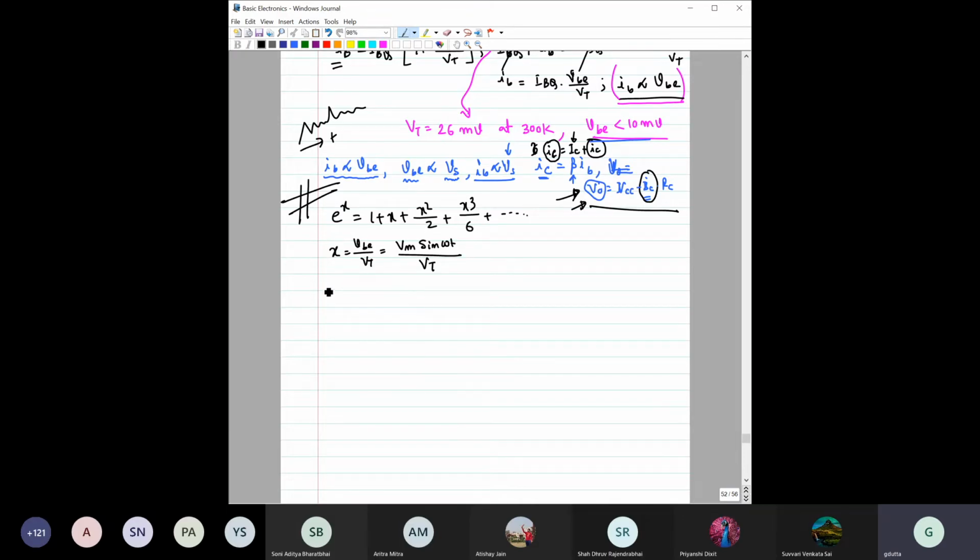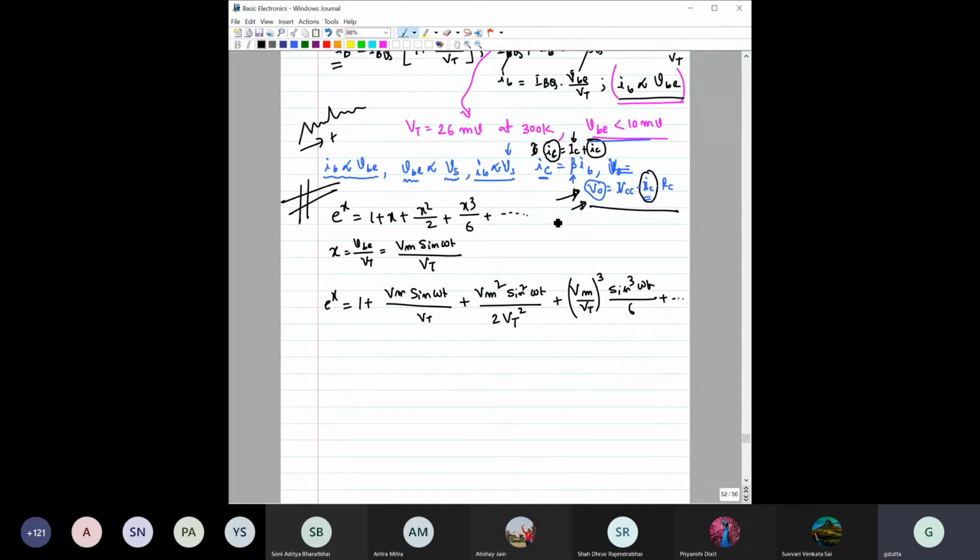Okay, so you see this x equal to this one. So let us now write the total thing here. Then this e to the power x, we can write as 1 plus Vm sine of omega t by Vt plus Vm square sine square omega t by 2 Vt square plus Vm by Vt, that cube, into sine cube omega t by 6 plus dot dot dot.